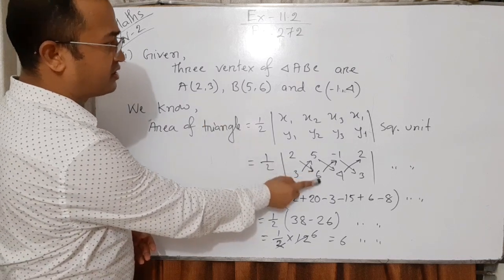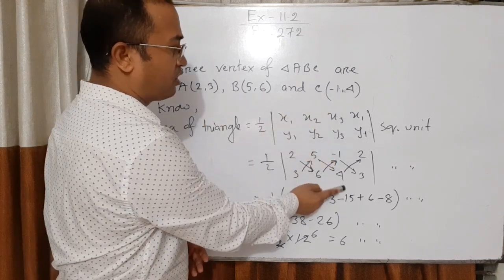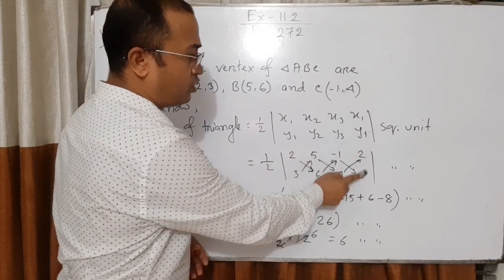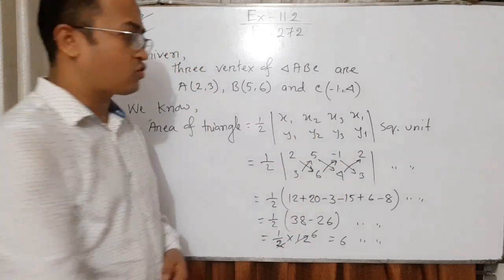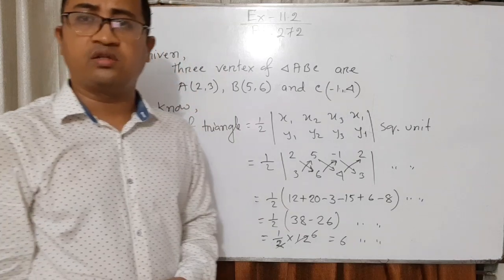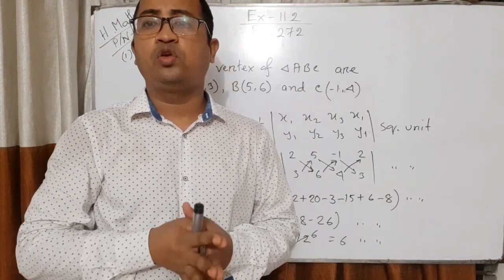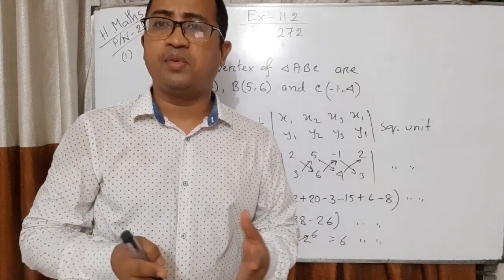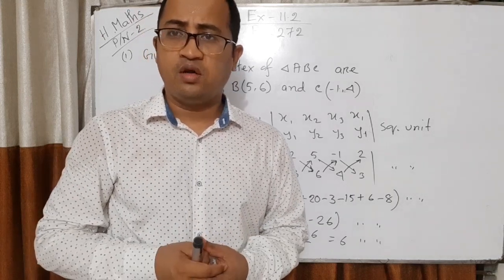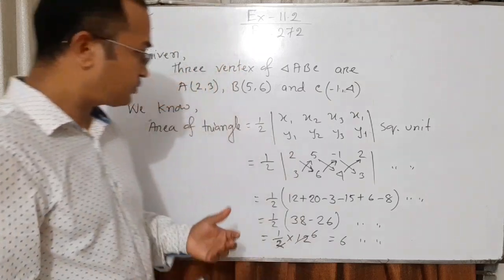Similarly 5, 6, -1, 4, and the first one is repeated, 2, 3. Square unit. You must write the unit. We don't know the actual unit, that's why we write square unit. It may be meter, centimeter, or anything else.